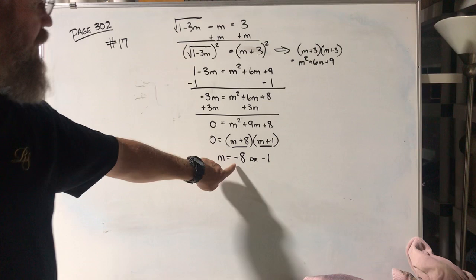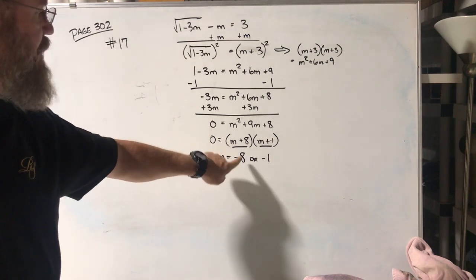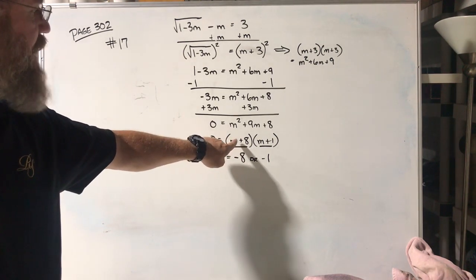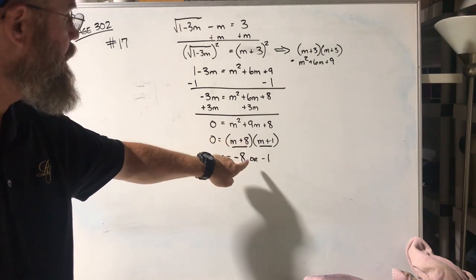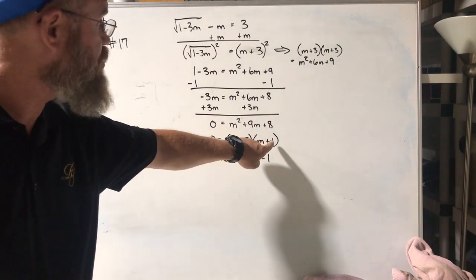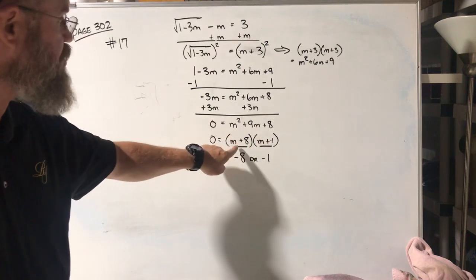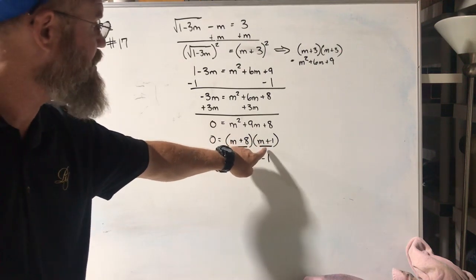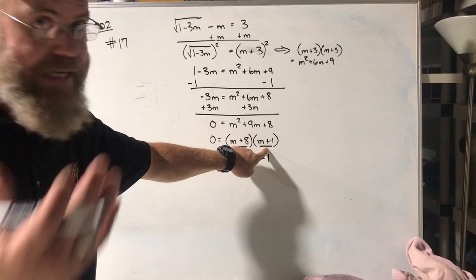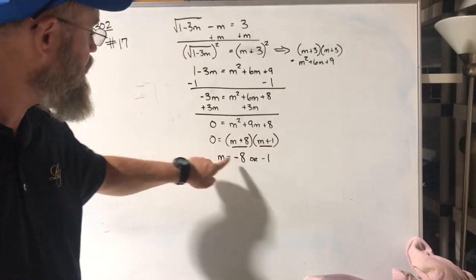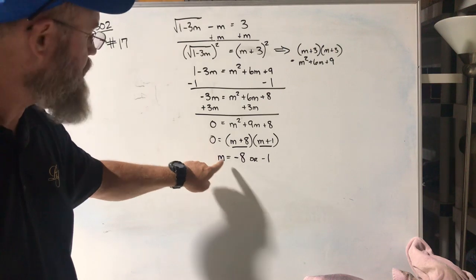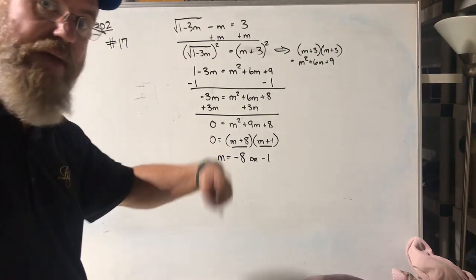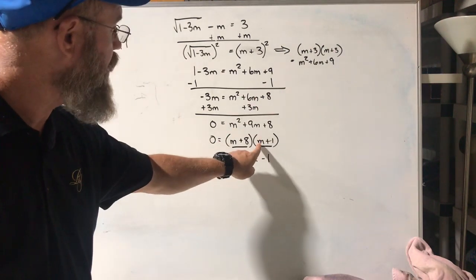Because if I replace m with -8, -8 plus 8 is 0. And then -8 plus 1 is -7. So I would have 0 times -7, and anything multiplied by 0 is 0. Okay? So that's a possible answer. The other possible answer is -1.